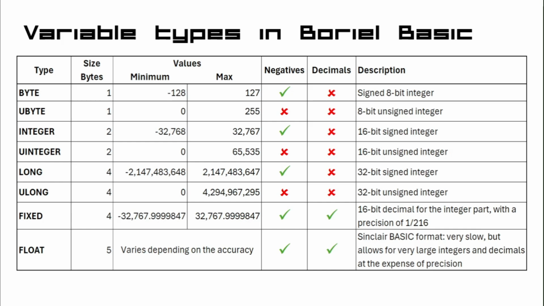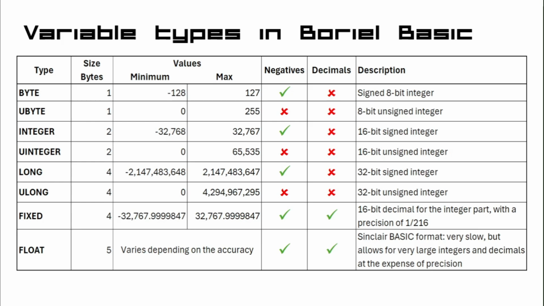In this table, we can see the types of numeric variables supported by Boriel Basic, how much memory they take, and the range of values they allow. The most commonly used variables are byte and integer, whether signed or unsigned, as they are the fastest. The rest are used only when necessary.